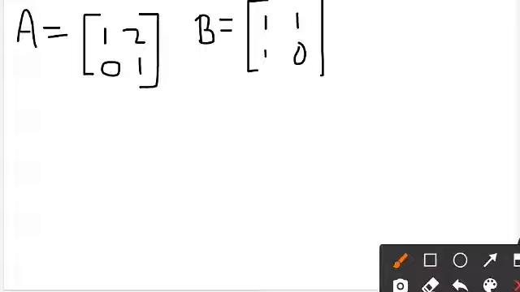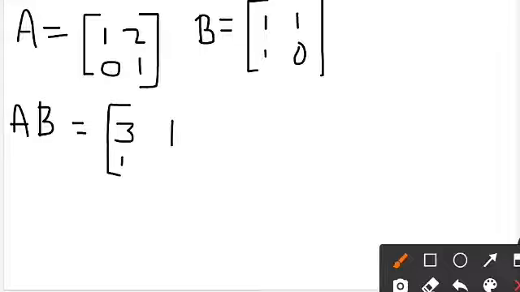Now let's check the properties of groups. First one is closure. Let's check what it gives us under multiplication. If we multiply A and B, what we get is this. 1 multiplied by 1 is 1 and 2 multiplied by 1 is 2, so 1 plus 2 is 3. 1 multiplied by 1 is 1 and 2 multiplied by 0 is 0, so 1 plus 0 is 1. 0 multiplied by 1 is 0 and 1 multiplied by 1 is 1, so 0 plus 1 is 1.